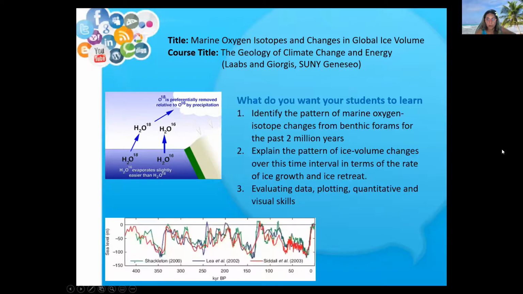So these are the goals that the instructors have identified for this specific unit. The students need to identify the patterns of changes in oxygen isotopes of benthic foraminifera and use that to calculate changes in ice volume. And in terms of tools, they'll be evaluating, plotting, and quantitatively analyzing the data.